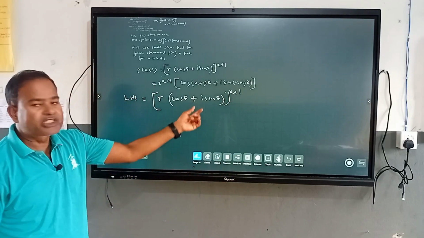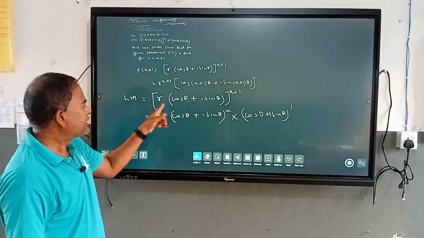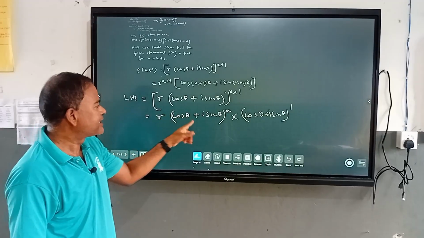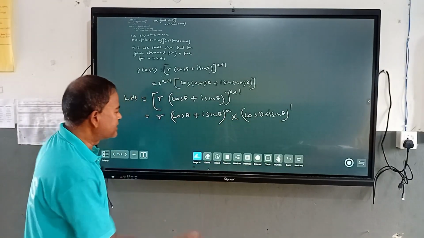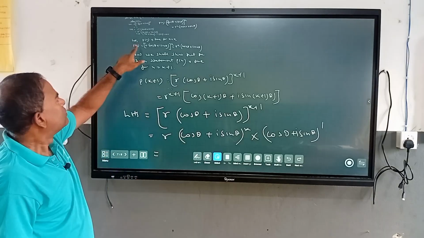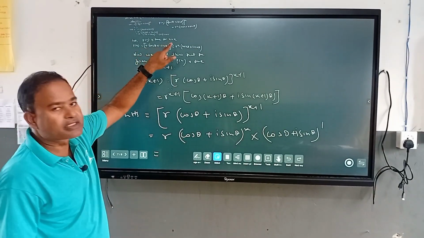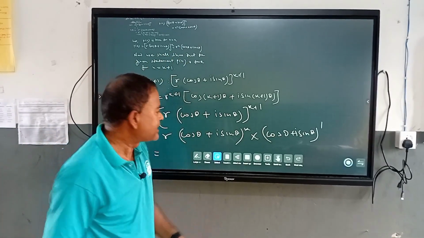So we'll break this into two parts by using the laws of indices. We can write (r(cos theta + i sin theta))^(k+1) as (r(cos theta + i sin theta))^k times r(cos theta + i sin theta). Dear students, we have supposed that Pk equals (r(cos theta + i sin theta))^k, which equals r^k (cos k theta + i sin k theta).